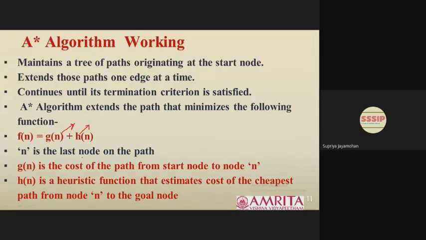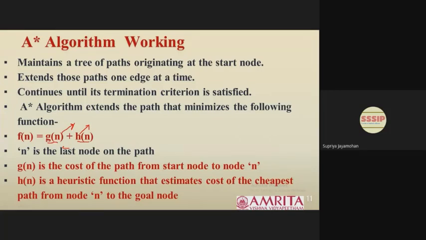Let us try to understand the concept of these two. That is, let us try to understand what is going to be g of n and what is going to be h of n by considering an example where we may have around 10 nodes starting from A to J, and let us see how we can travel from A to J. Various options are available.